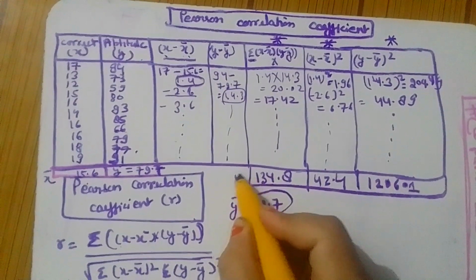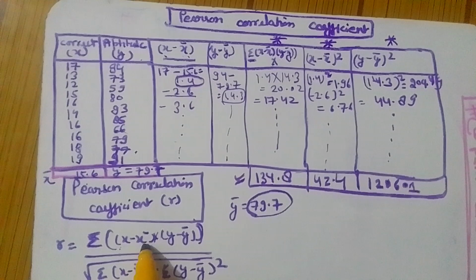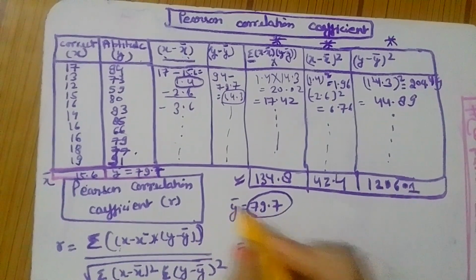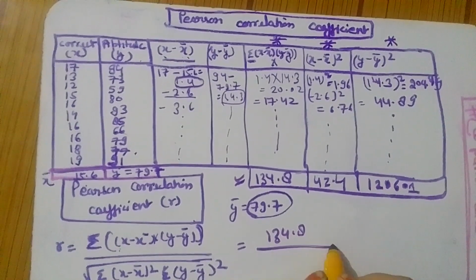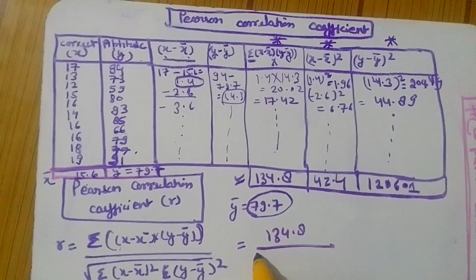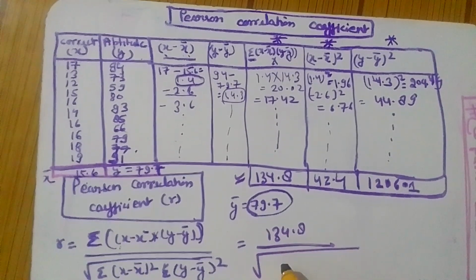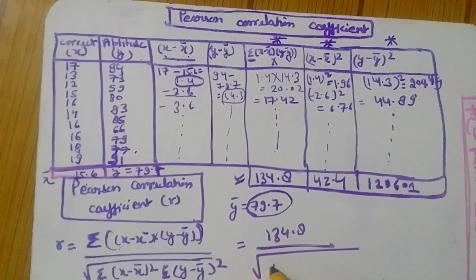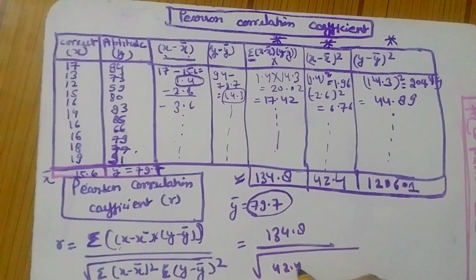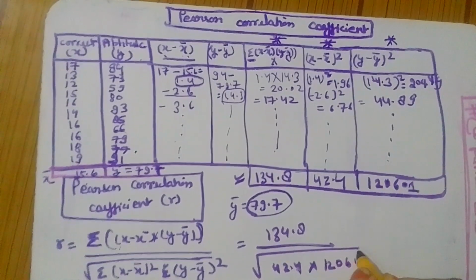So this directly came. What is the value of the summation of x minus x bar multiply y minus y bar? It is 134.8, divided by the square root of the summation of x minus x bar whole square, which is 42.4, multiply 1206.1.